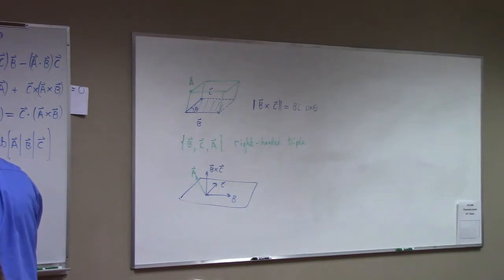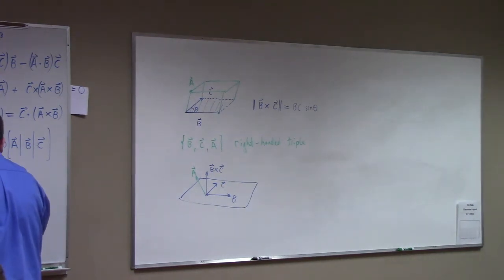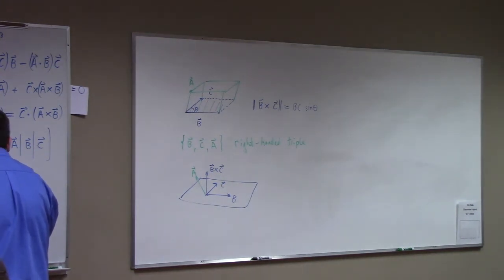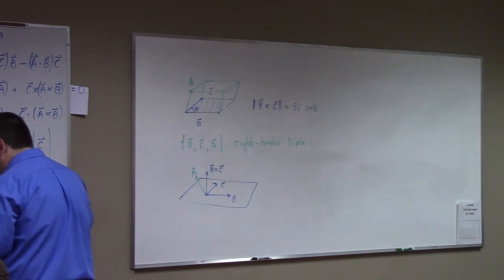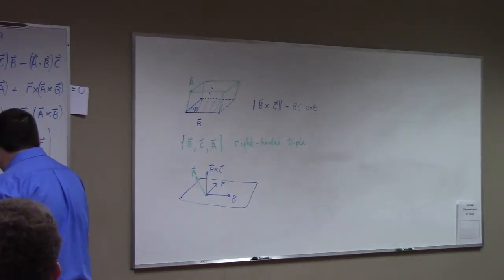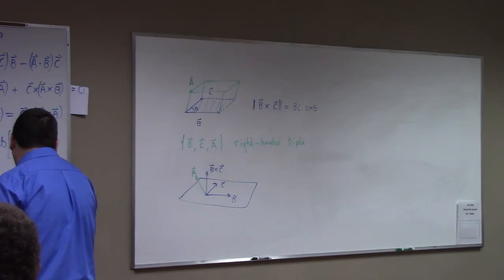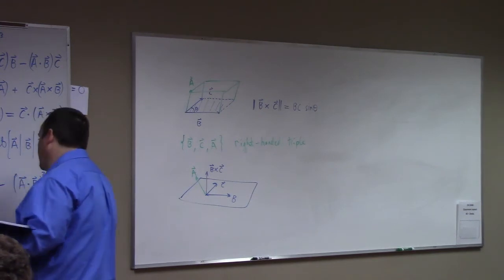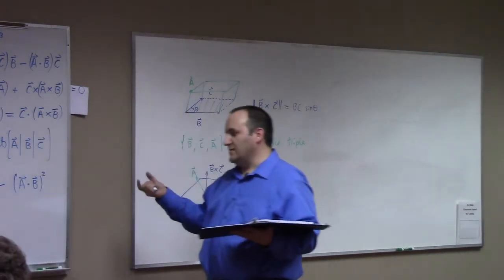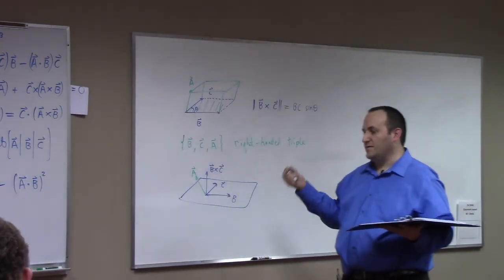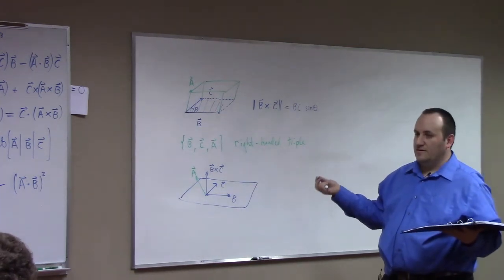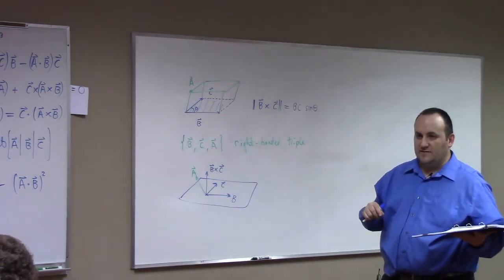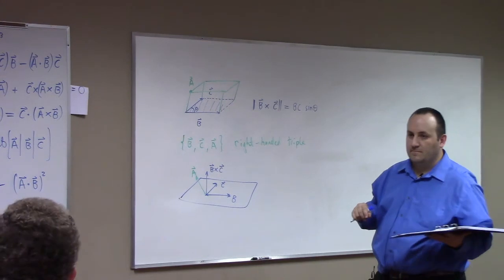The magnitude of A cross B squared is actually the magnitude of A squared times the magnitude of B squared minus the dot product of A and B squared.